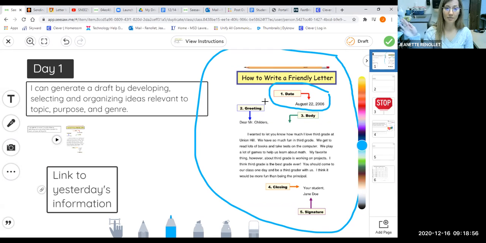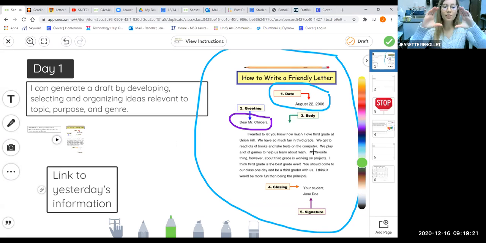It's how you greet somebody. When I see you in person, I might say, good morning or hello. So when you write a letter, you need to greet the person. This one says, Dear Mr. Childs. That's the greeting.